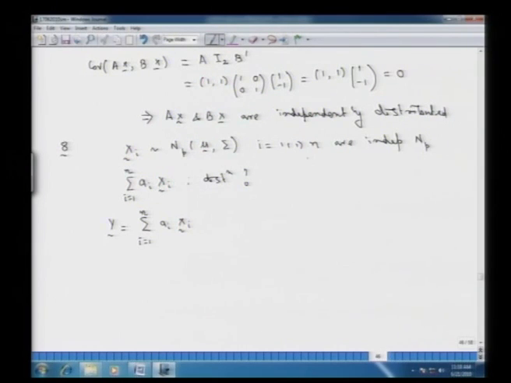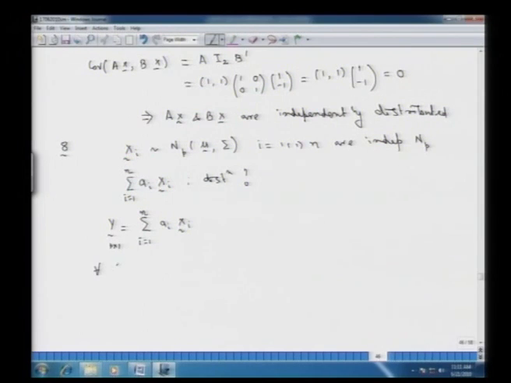So this is the linear combination of n independent multivariate normal distributions, so that's also going to have a multivariate normal distribution. Now how do we prove that this is going to be multivariate normal, and what are going to be its parameters? So this y has the same dimension as x, so this is a p by 1 vector.